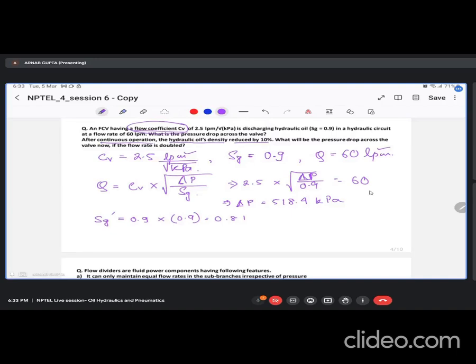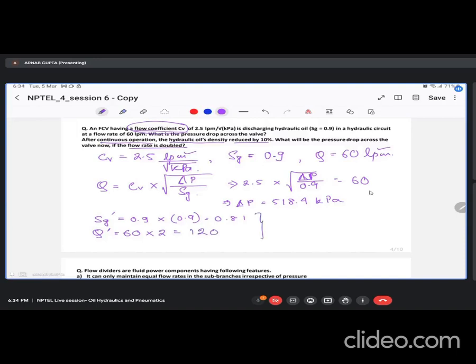So now what will be the pressure drop across the valve now if the flow rate is doubled? So your new flow rate, it's doubled. So 60 to 120.